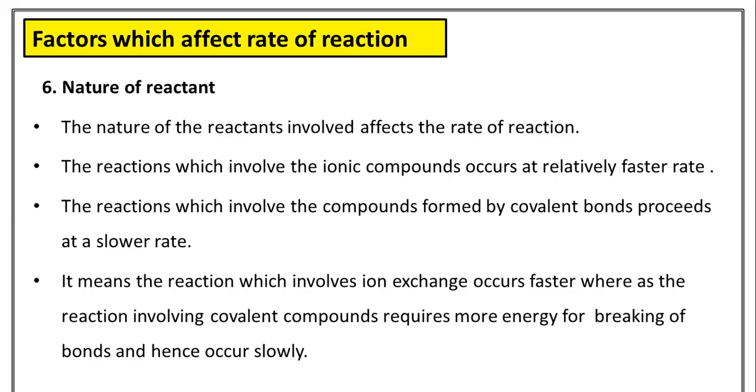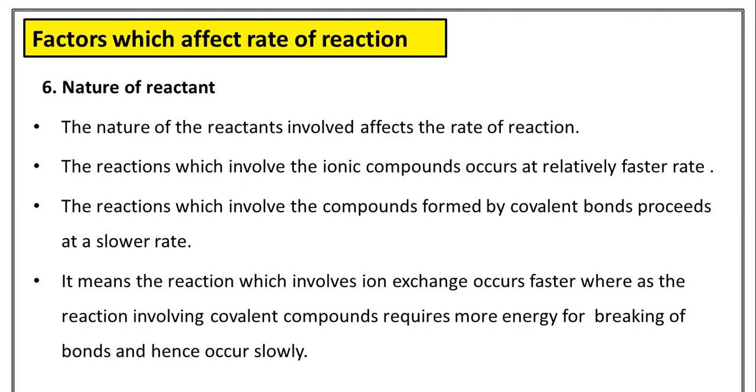Whereas there are some reactions where the compounds are formed by the covalent bond, that is, reactants which are involved in the reaction are formed because of the covalent bond. And now covalent bond requires more energy for making and breaking of the bonds, and therefore such reactions proceed at a slower rate. So depending upon nature of reactant means what?